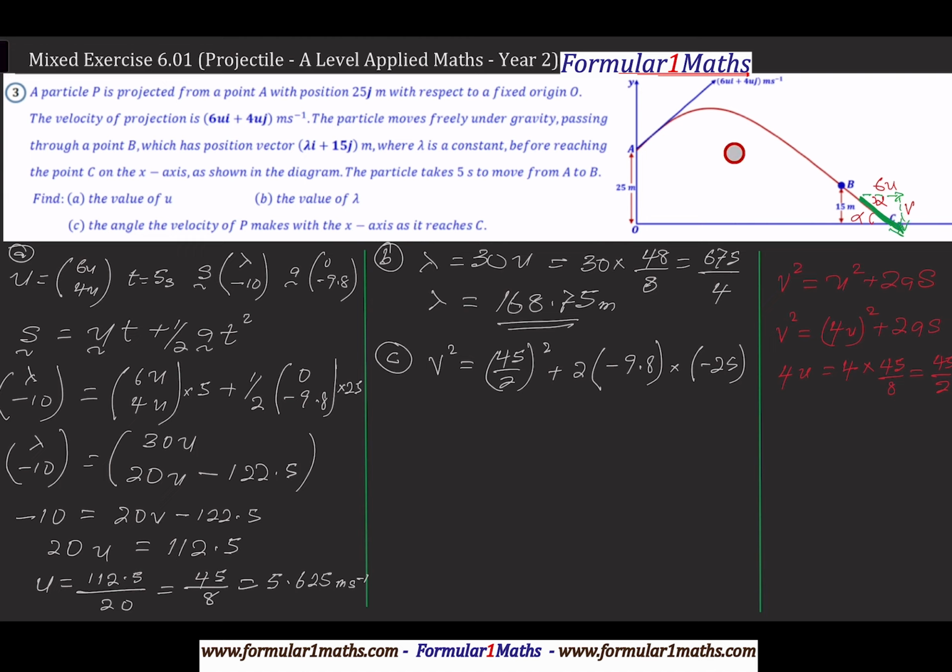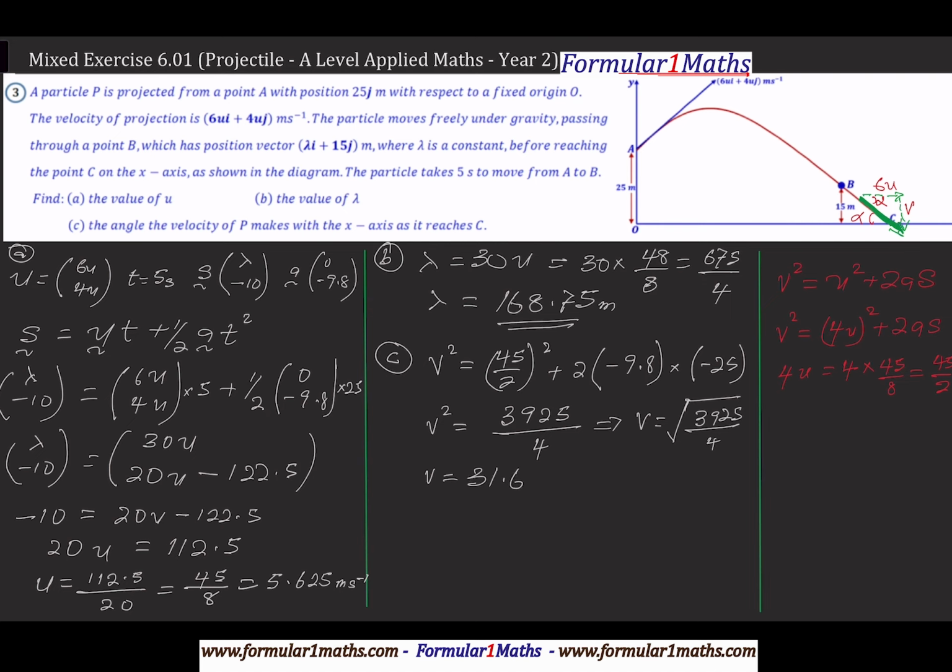Now we can solve for v. I'm going to get v squared is equal to 3,925 over 4. This implies that v will be equal to the square root of 3,925 over 4.